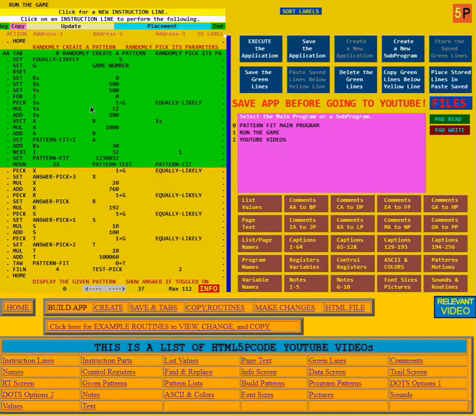Multiplies it by 12 and then adds 200 to it. So that's the size it's now going to use for this vector. So it's randomly going to change the length of this vector.